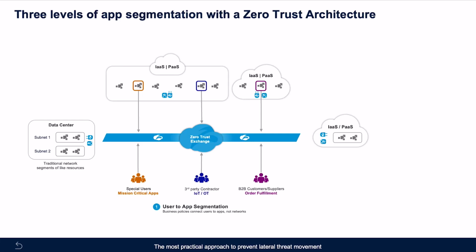Each of these groups should only be able to access their specific applications without bringing risk to your organization by bringing them into your network boundary. This access is set by business policies that connect users to applications, not to networks, and that's a very important point.